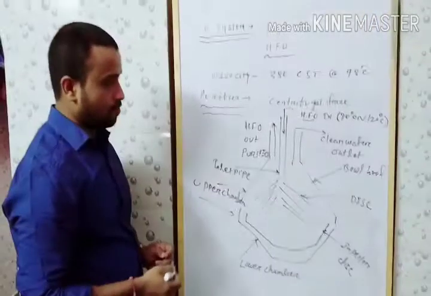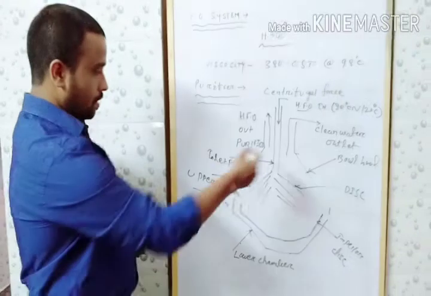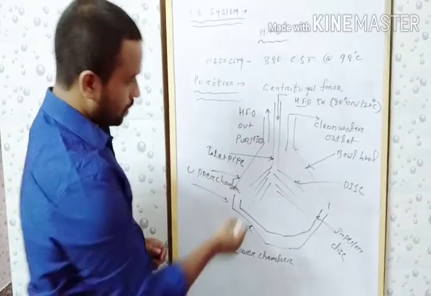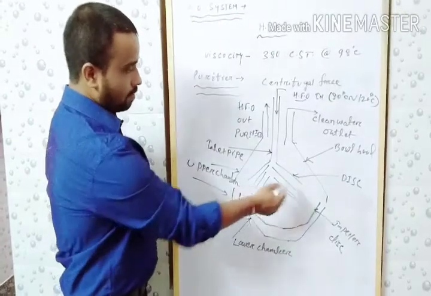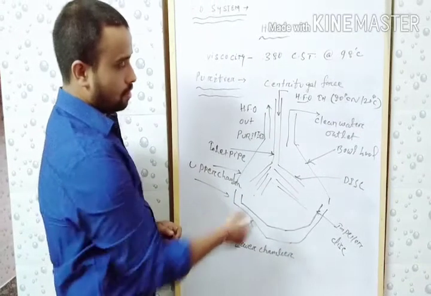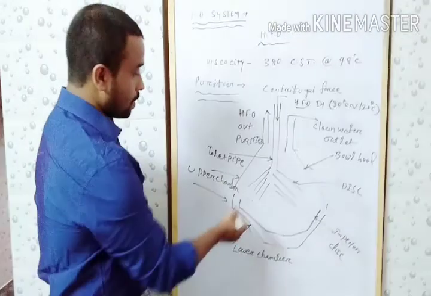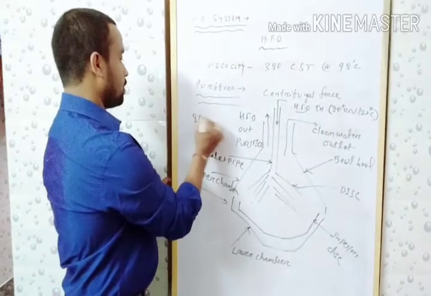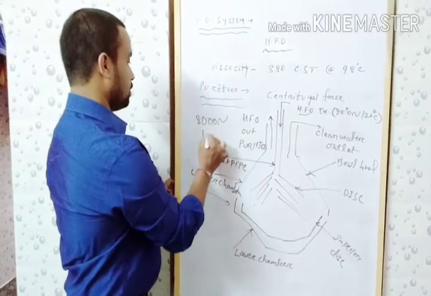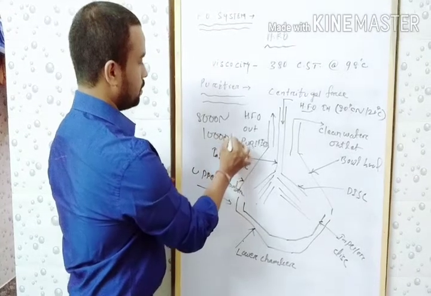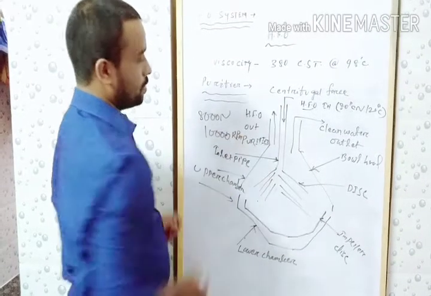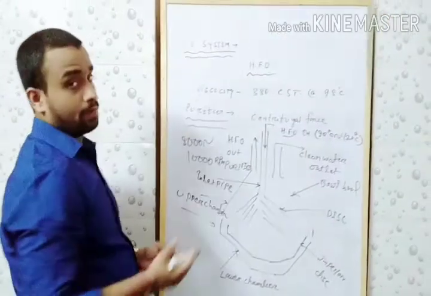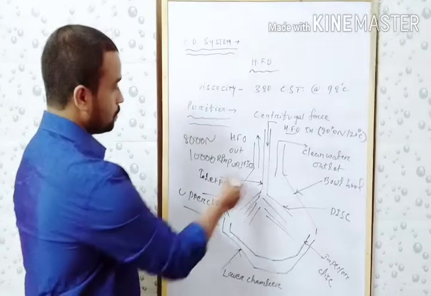The heavy fuel oil comes from the settling tank to the purifier through this inlet pipe. These are the discs, constructed in a conical shape. They rotate at about 8,000 rpm to 10,000 rpm, depending upon the construction and requirement of the purifier, and also depending upon the company.